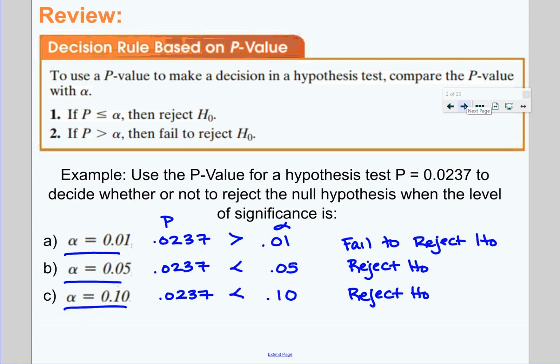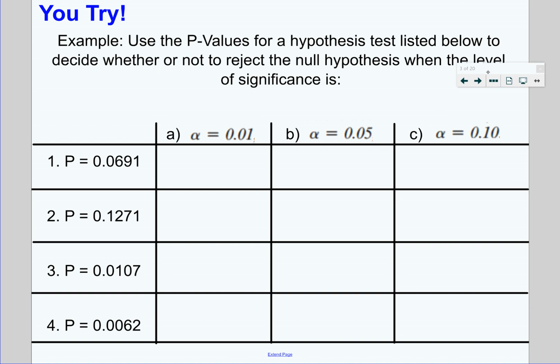All right, so what I want you to do on your next slide is compare the p-values in the left column with the alphas on top, and in each little box, just determine if you would reject or not reject. So let's put an R for reject and DNR for do not reject, okay?